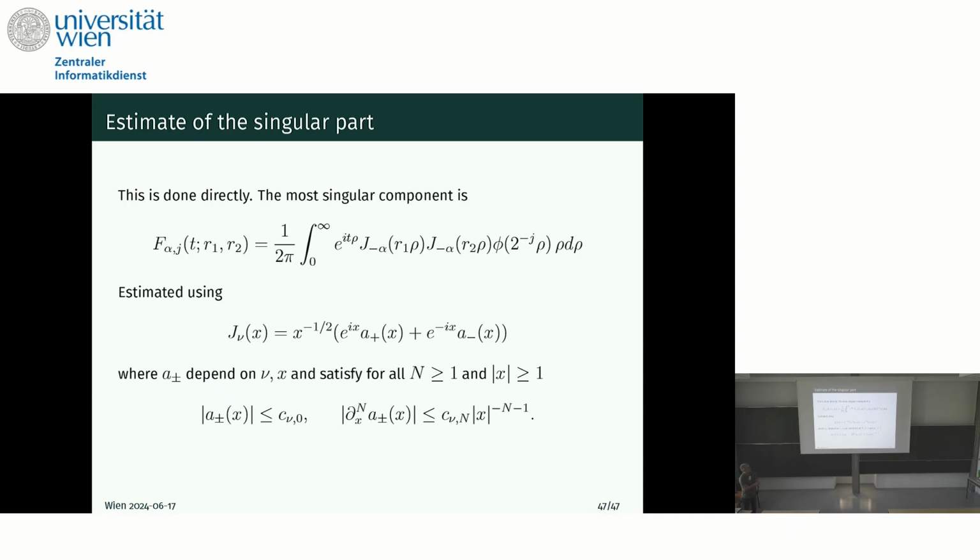And this can be done by a careful analysis, with some more refined information about Bessel, but not too refined, just asymptotic expansion. Then the proof goes as you expect, Minkowski and Schwarz, but you still have to be careful when you analyze this kind of operator.